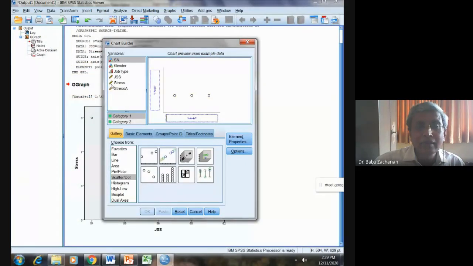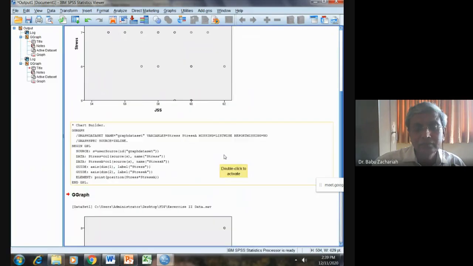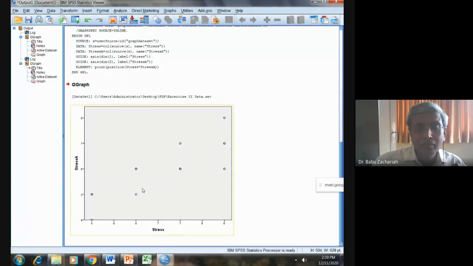And we'll take stress and stress after intervention. Let us see whether any pattern is visible. Okay, stress and stress after intervention. Here some pattern is visible. Okay, so this is how we create scatter diagram here.